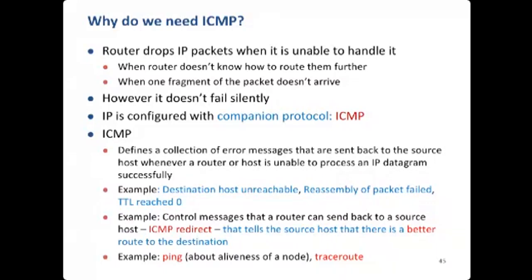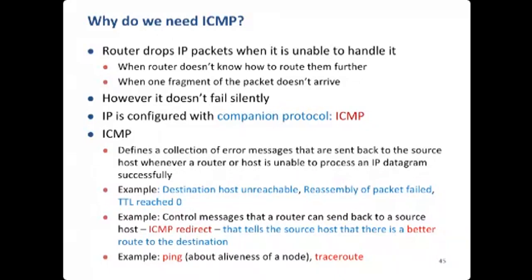For example, if the destination machine is not reachable for some reason, or the machine is off, your machine will receive destination not reachable. If a packet is fragmented in between and the destination is not able to reassemble it, your machine should get a message.